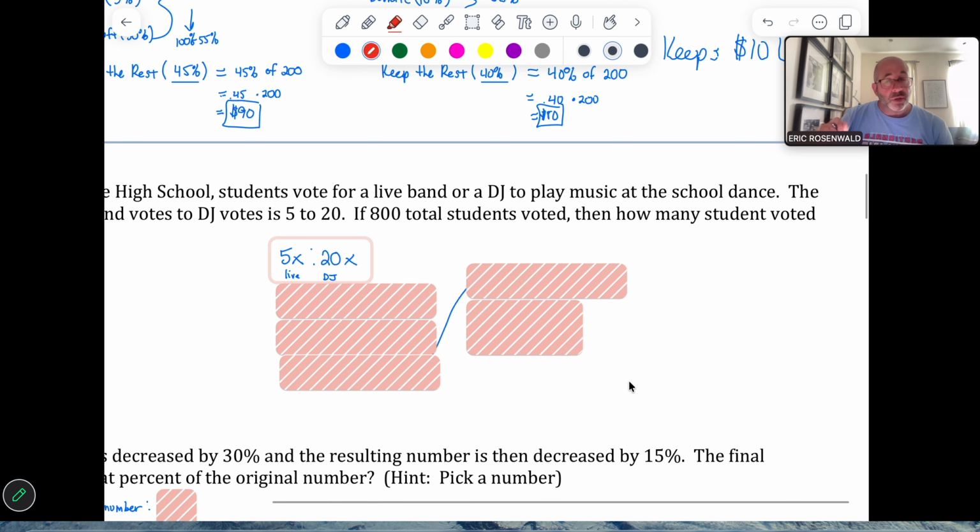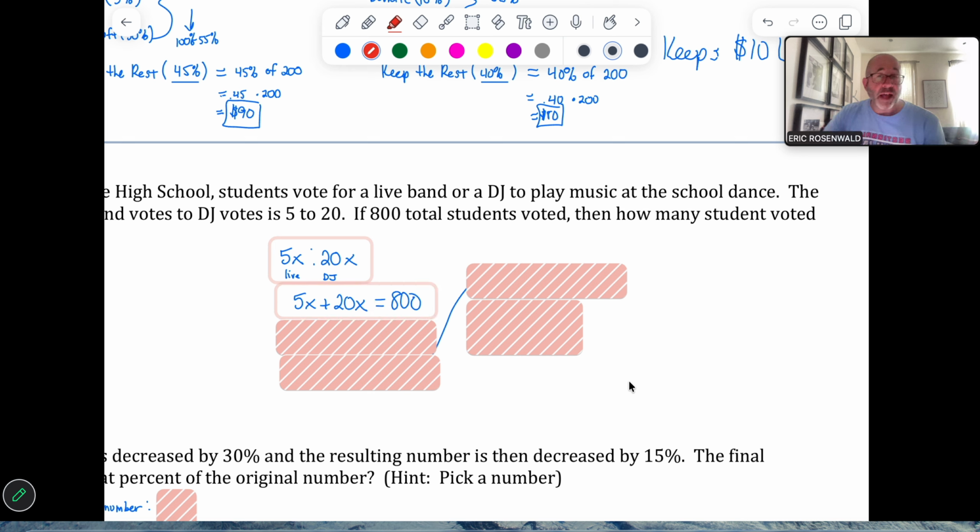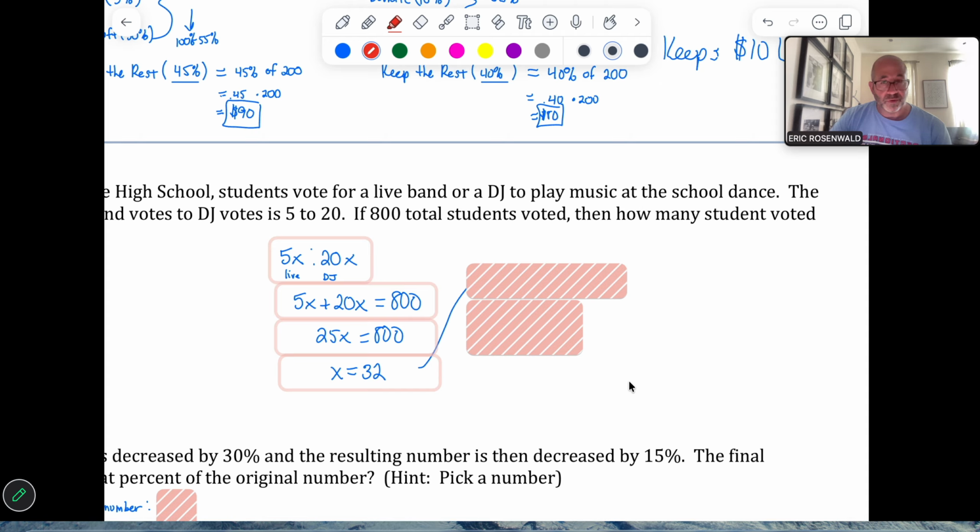They say that there's a total of 800 students that have voted. So here's what we know: the live students and the DJ students combined together are going to add up to 800 students. So that means that the 5x and the 20x is going to add up to 800. Okay? Put these together, we have 25x, and that's going to equal 800, so 32 for our x value when we divide both sides by 25.